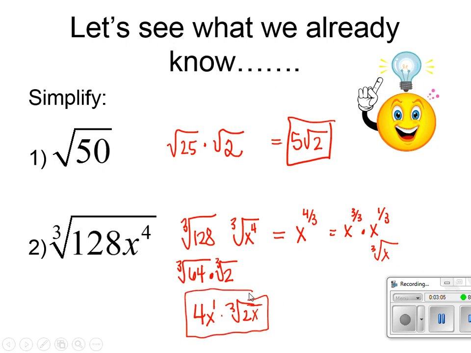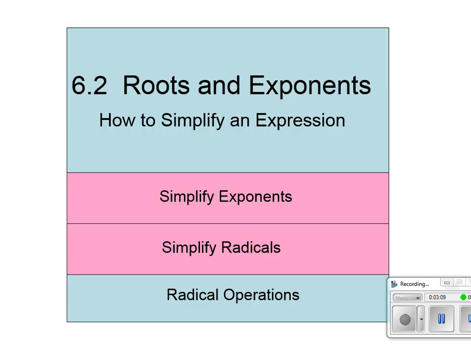So what are we going to do today? Well, we're going to have to be able to simplify, but we're also going to have to be able to add, subtract, multiply, and divide. So now if you take your roots chart out, we are going to be spending some time on this. This is our third and final day on 6.2.